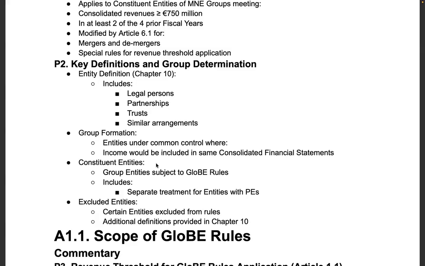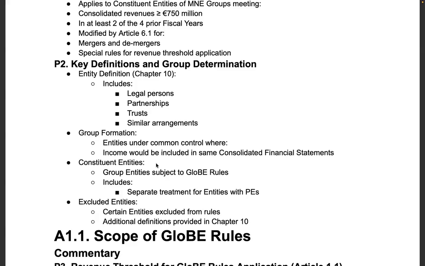One more expression that is very relevant here is constituent entities. The constituent entities are basically group entities subject to GloBE rules. These are those entities to which the BEPS Pillar 2 framework applies. And these include separate treatment for entities with permanent establishments. You must have gone through the discussion on the permanent establishment.